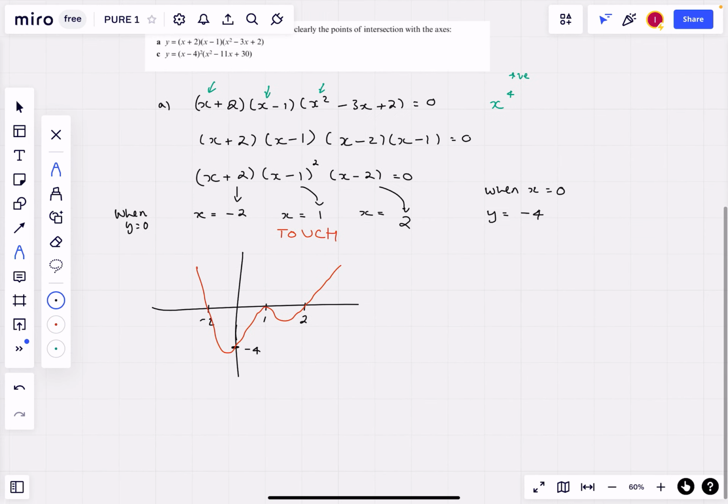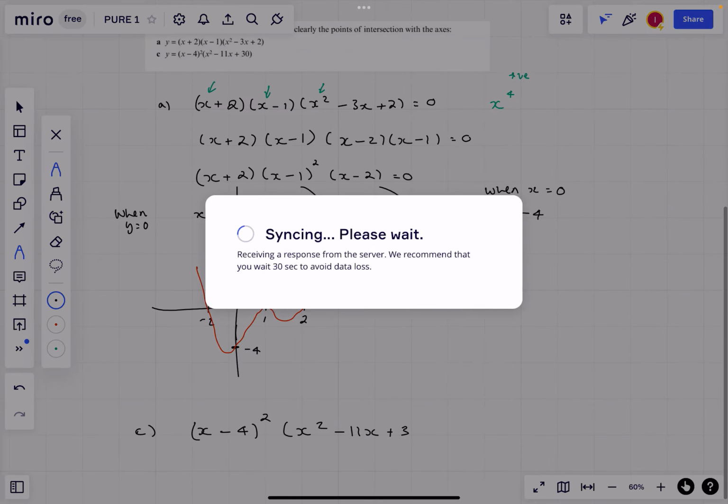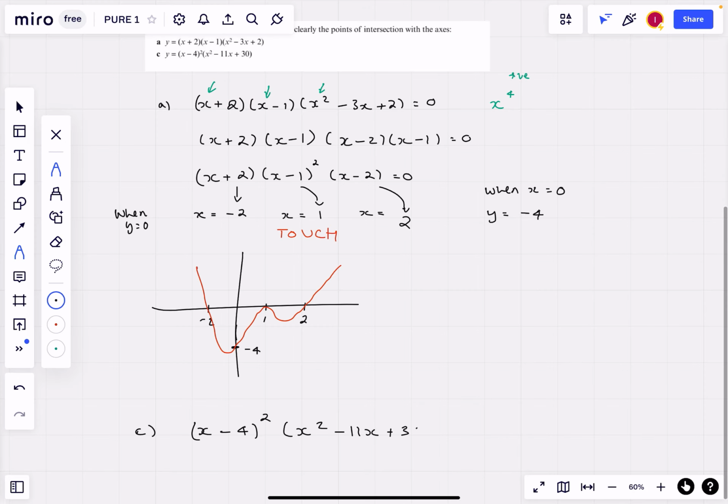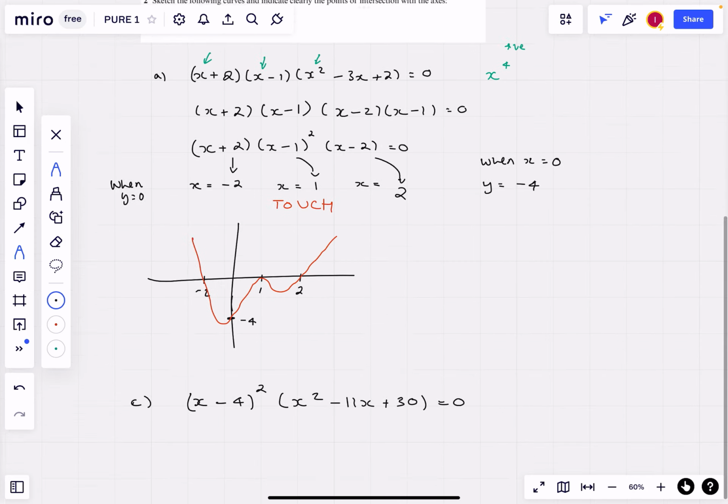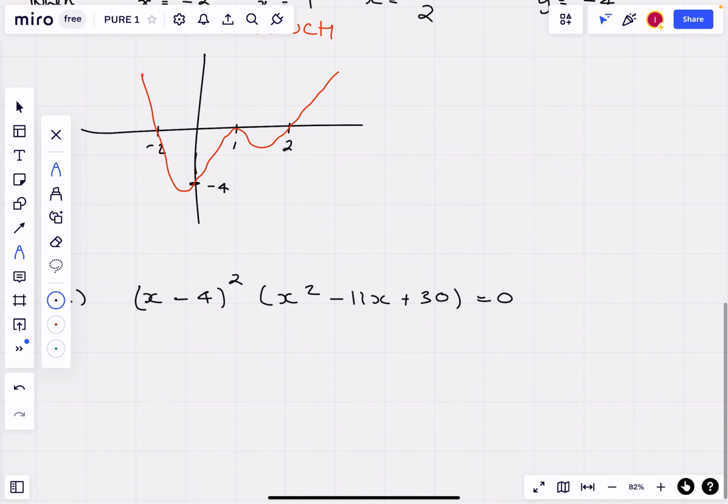C. (x - 4) all squared, (x squared - 11x + 30) equals 0. Let's factorize the second bracket.